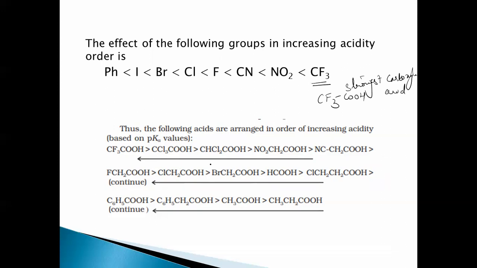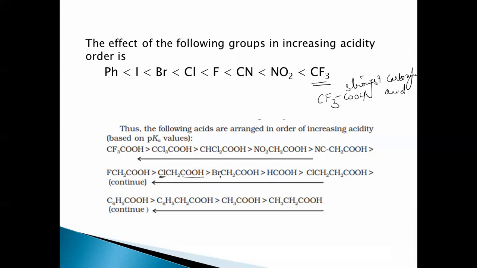Few of the carboxylic acids are given below. Right. First comes trifluoroacetic acid, then comes NO2, CN, right. Then if you can observe, as the distance in between the acid and the halogen increases, the acidity decreases. Right.